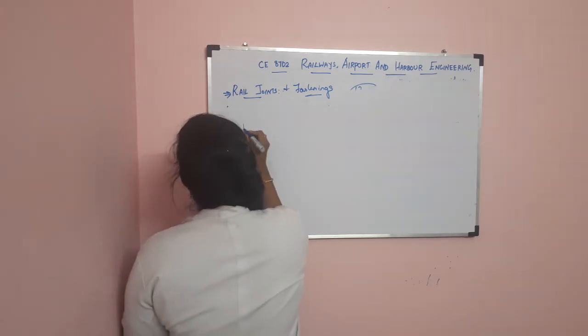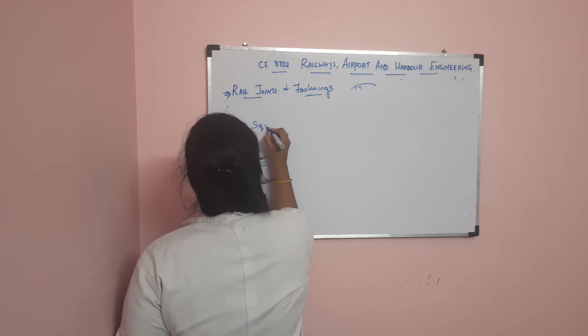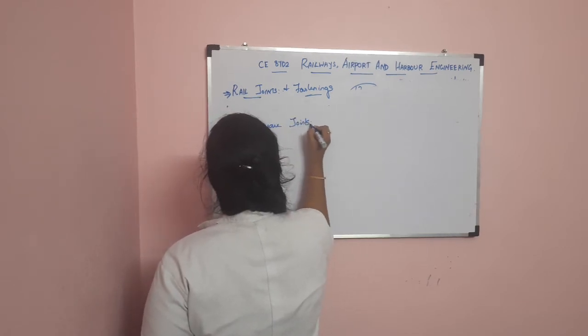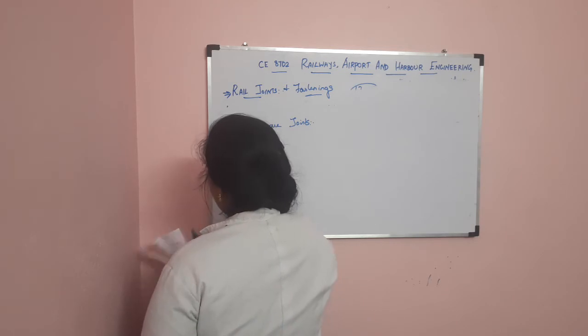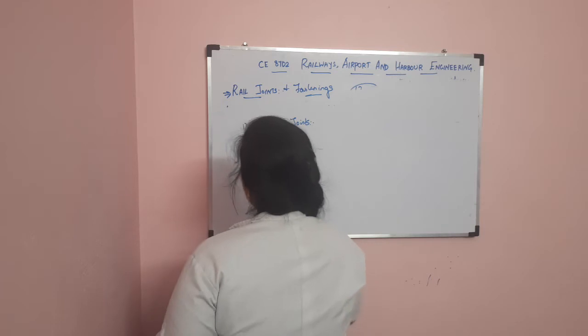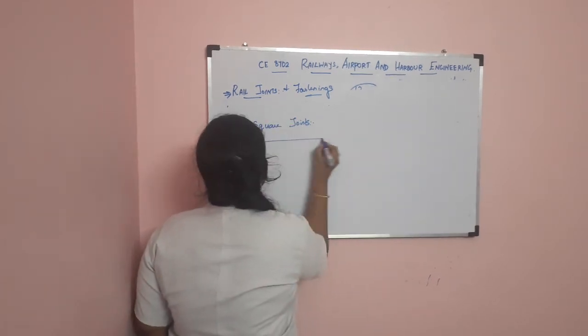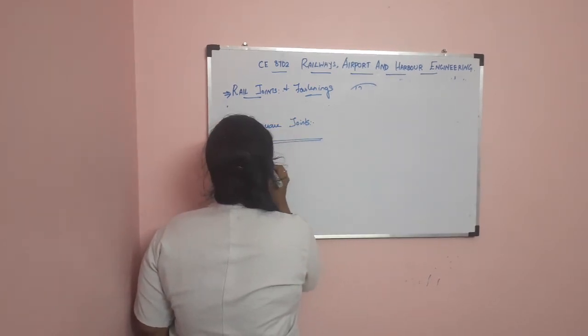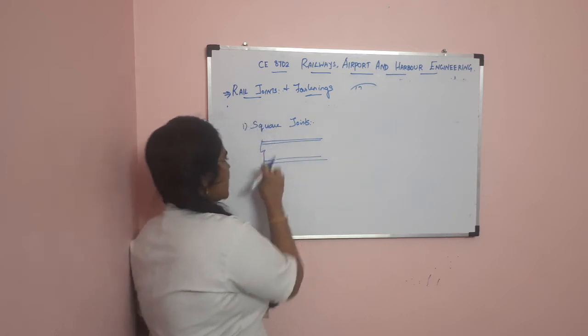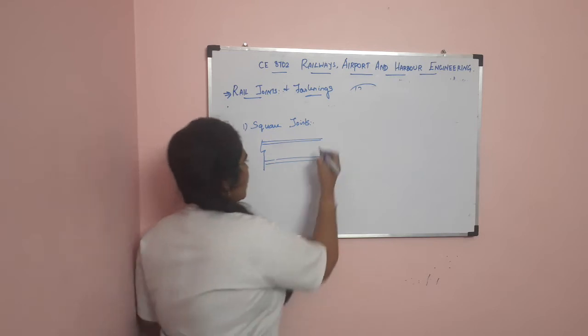So first one is the square joint. In square joints, we are drawing this line for the continuation line.